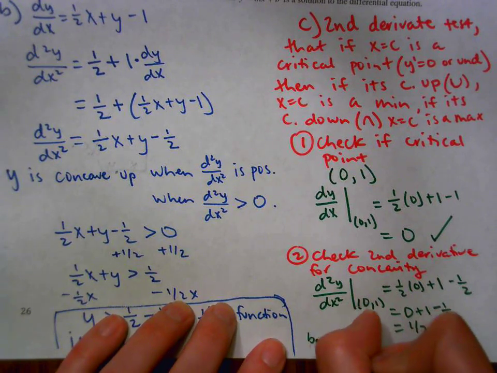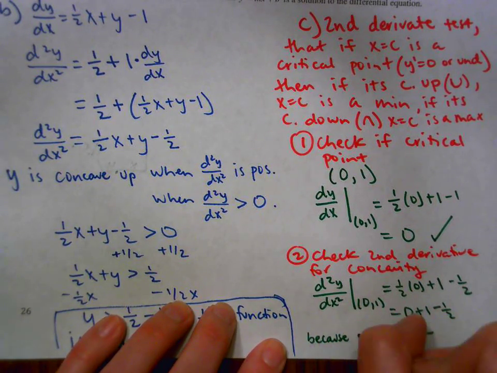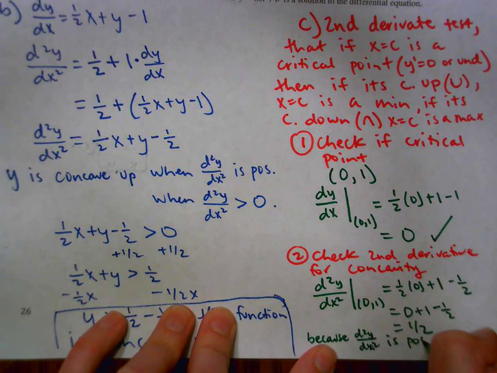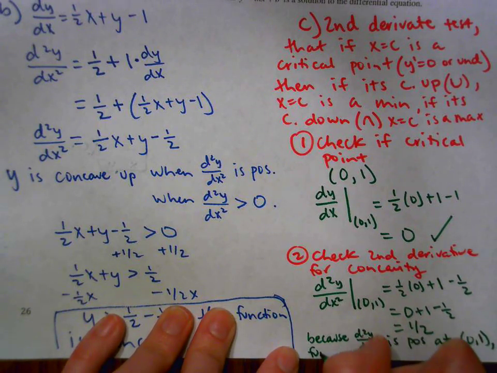So I'm going to say because d2y dx2, the second derivative, is positive at (0, 1), the function is concave up.